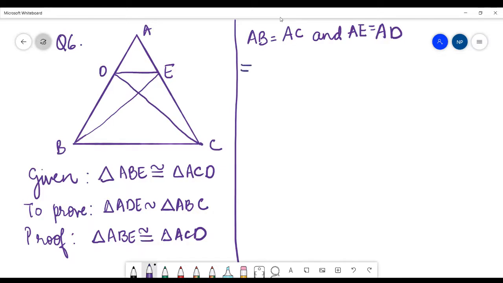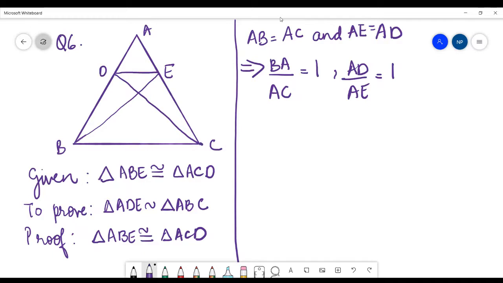Also, talking about the ratios, we can write that BA upon AC is equal to 1 and AD upon AE is equal to 1. Why? If you see, children, AB is equal to AC.